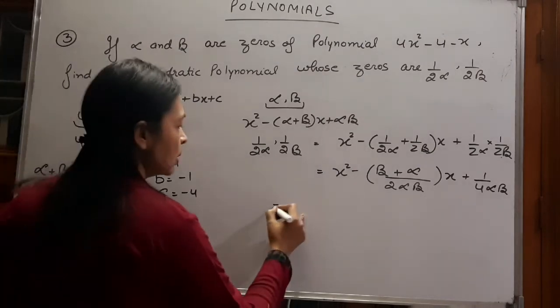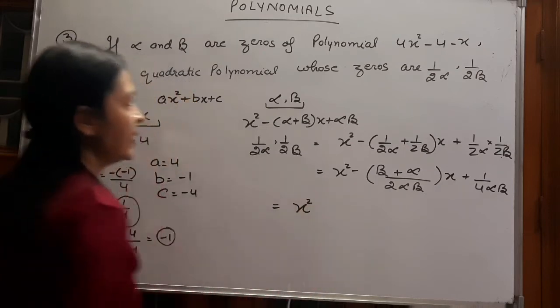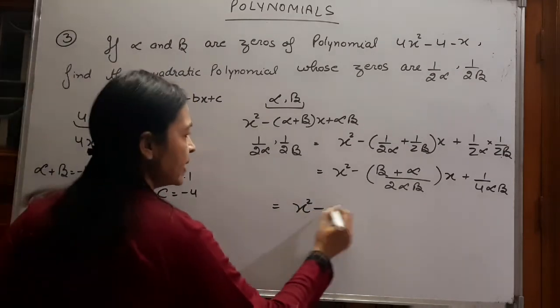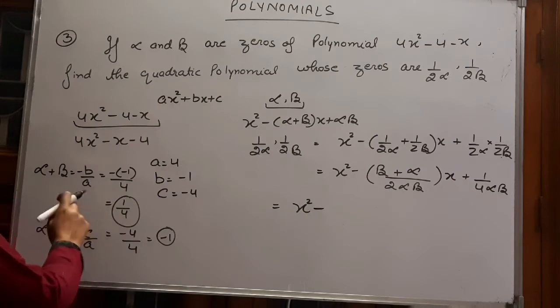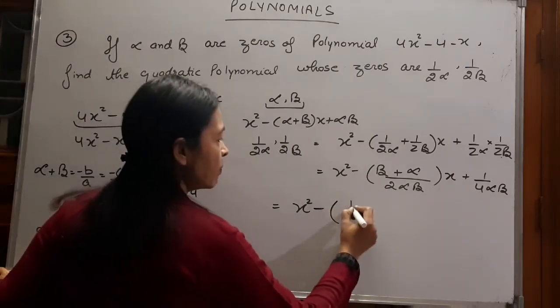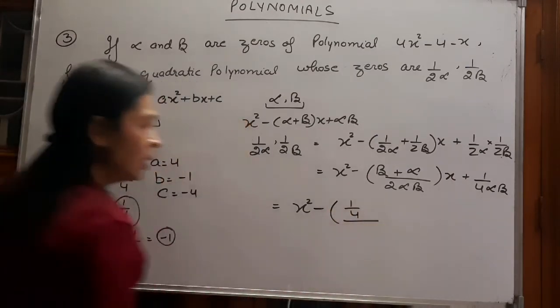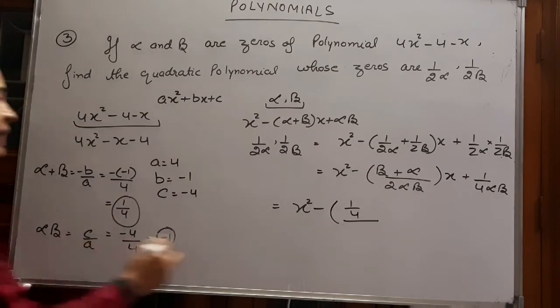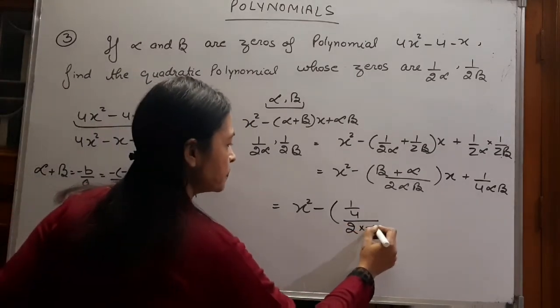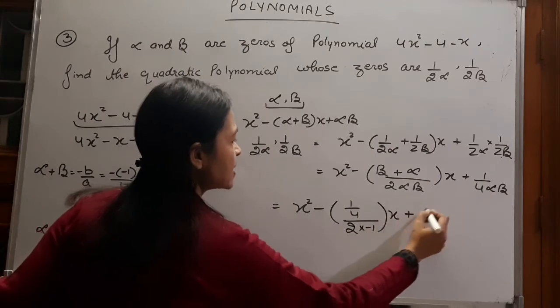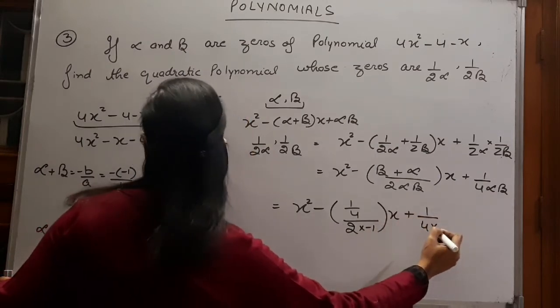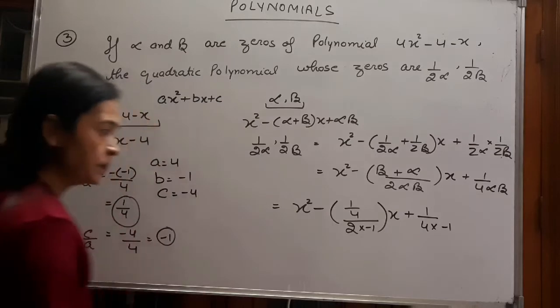Now coming to our question, the needed polynomial will be x squared minus beta plus alpha. What was the value of beta plus alpha? 1 by 4 upon 2 into alpha beta. Alpha beta is minus 1 into x plus 1 by 4 into alpha into beta is minus 1.